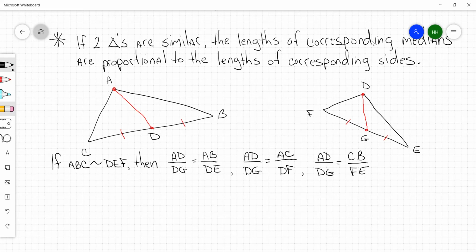Anybody have any questions about any of those theorems? Okay, then let's take a look at triangle angle bisector.